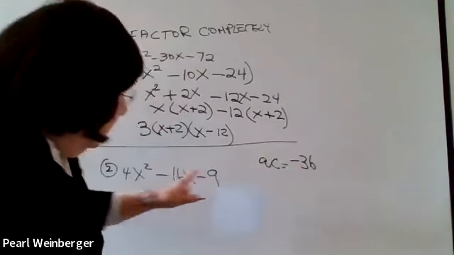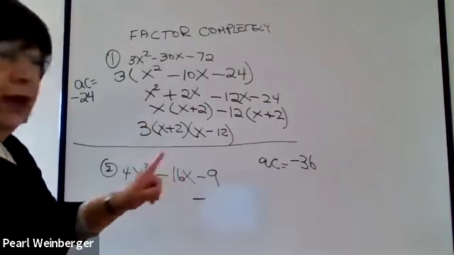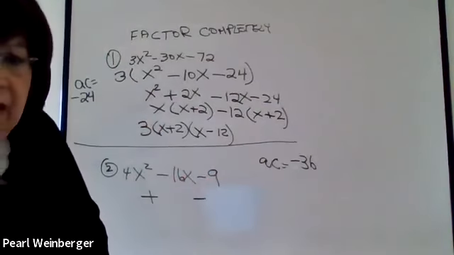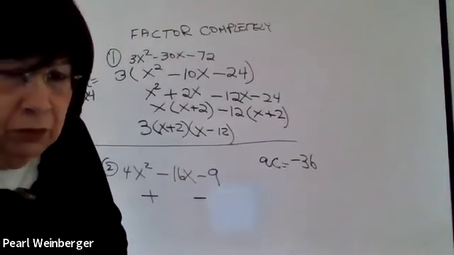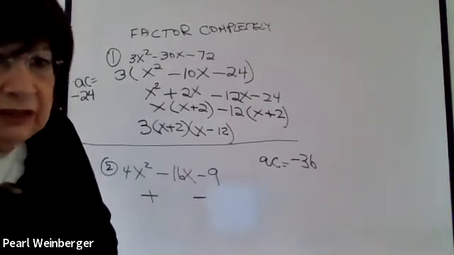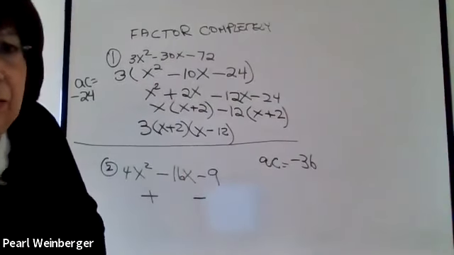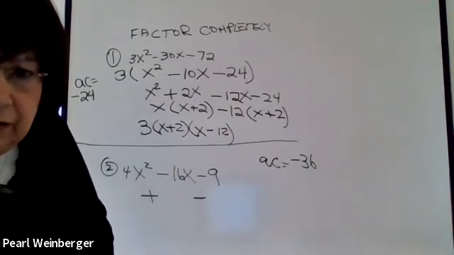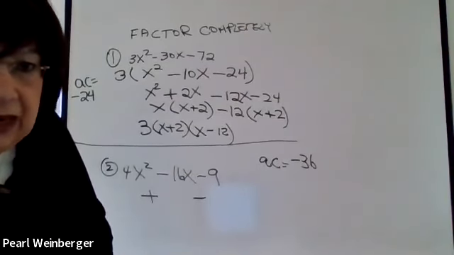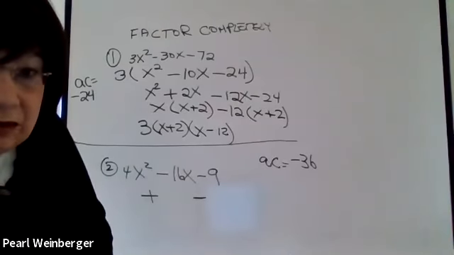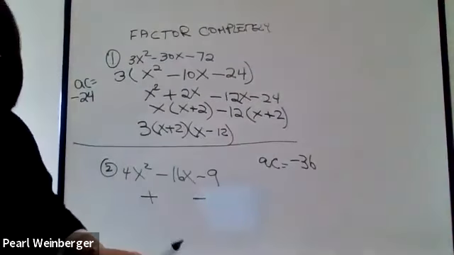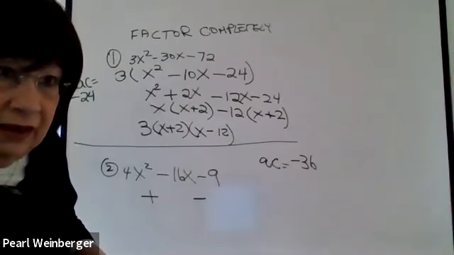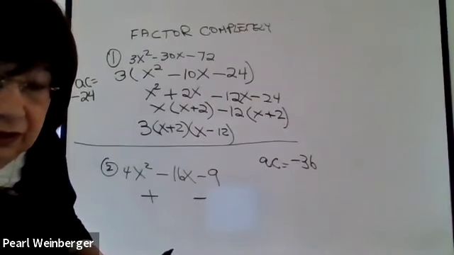And since this is a minus, they have to subtract to 16. Can you think of two numbers that when you multiply them will give you 36, but when you subtract them, you get 16? Anybody? Does anybody have any clue?